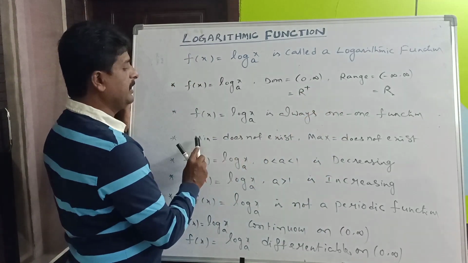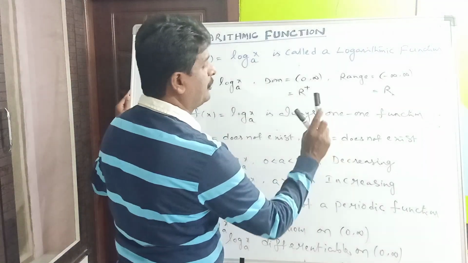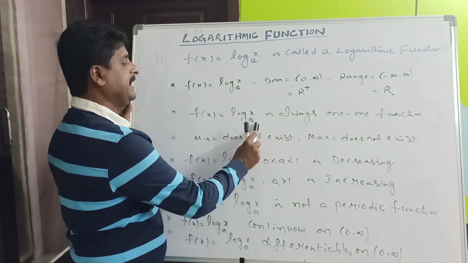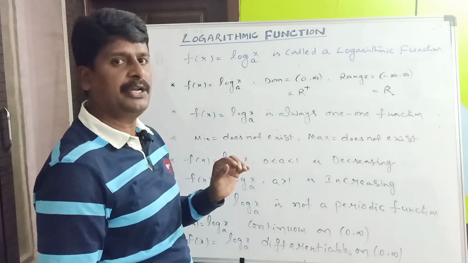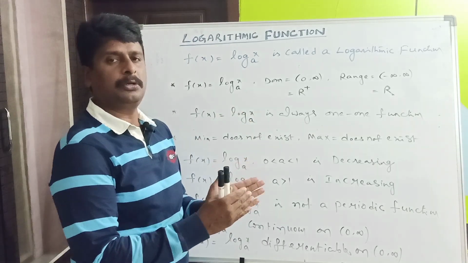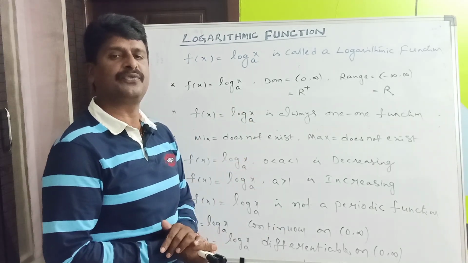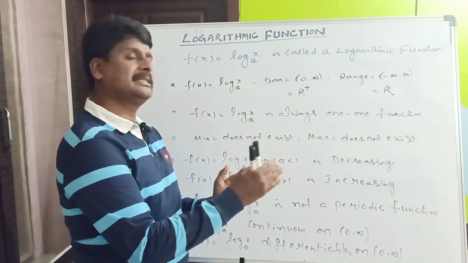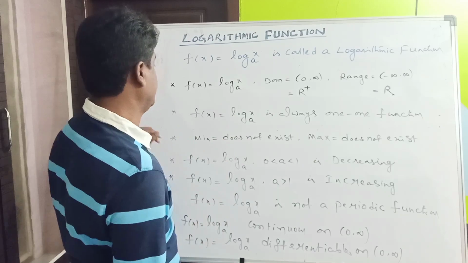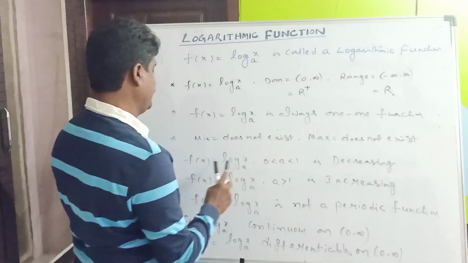So its minimum value does not exist, maximum value does not exist. Depending upon the base value, it is either decreasing or increasing. For 0 less than a less than 1, it is a decreasing function. As a is greater than 1, it is always an increasing function. Of course, we have already seen that. That's why it is a one-one function.